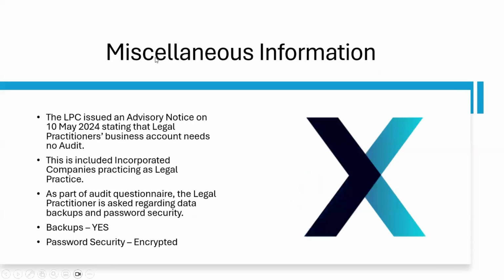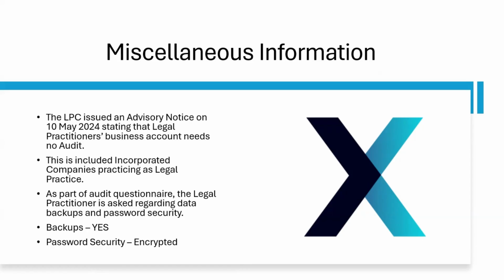All right. Some miscellaneous information regarding the webinar, basically. It's the advisory notice that I spoke about, where the business account doesn't need to have an audit, and it includes your incorporated companies as well. But like I said, that does not mean that you can fall away from your business accounts.